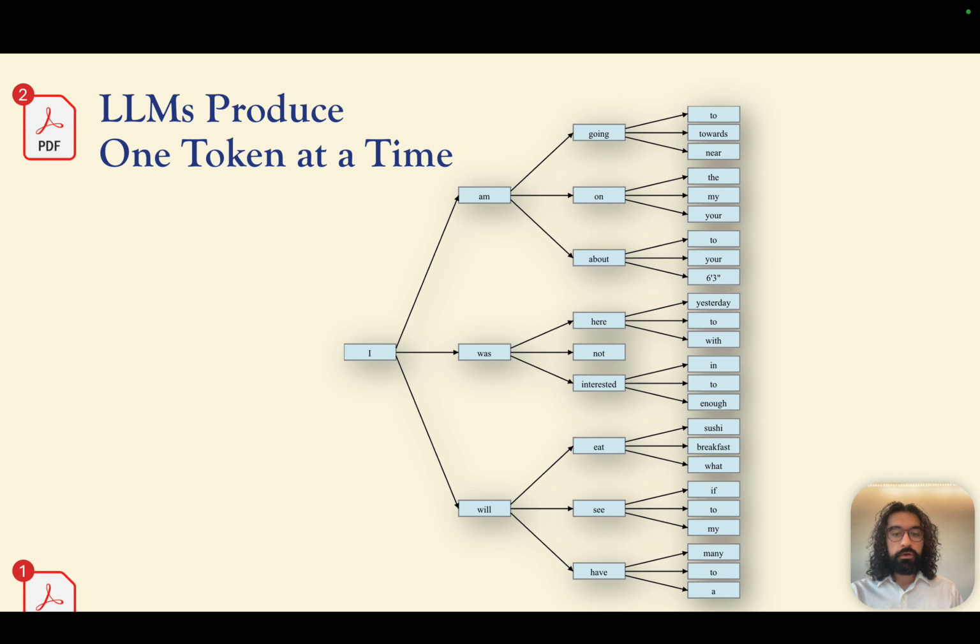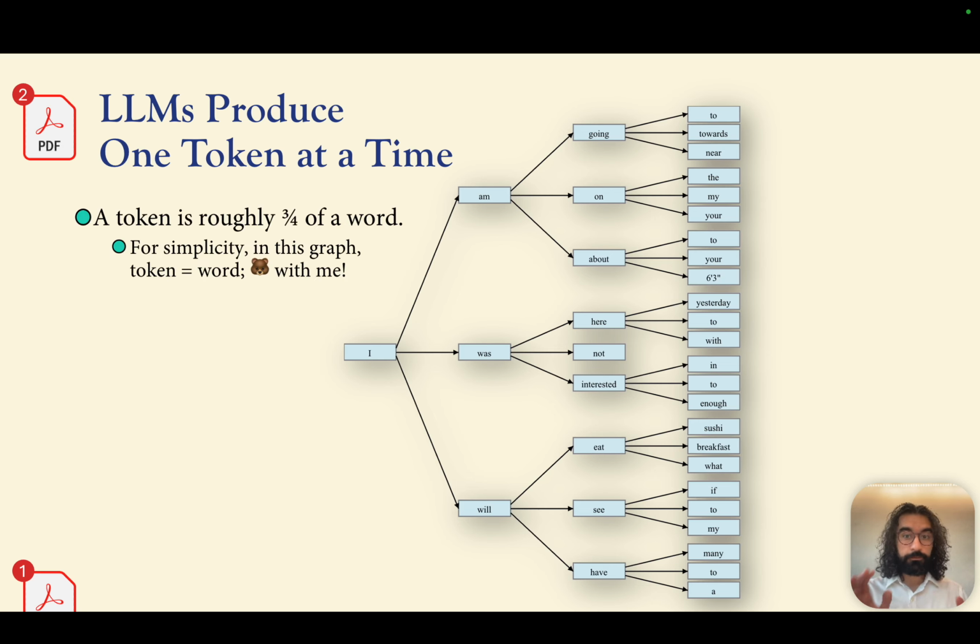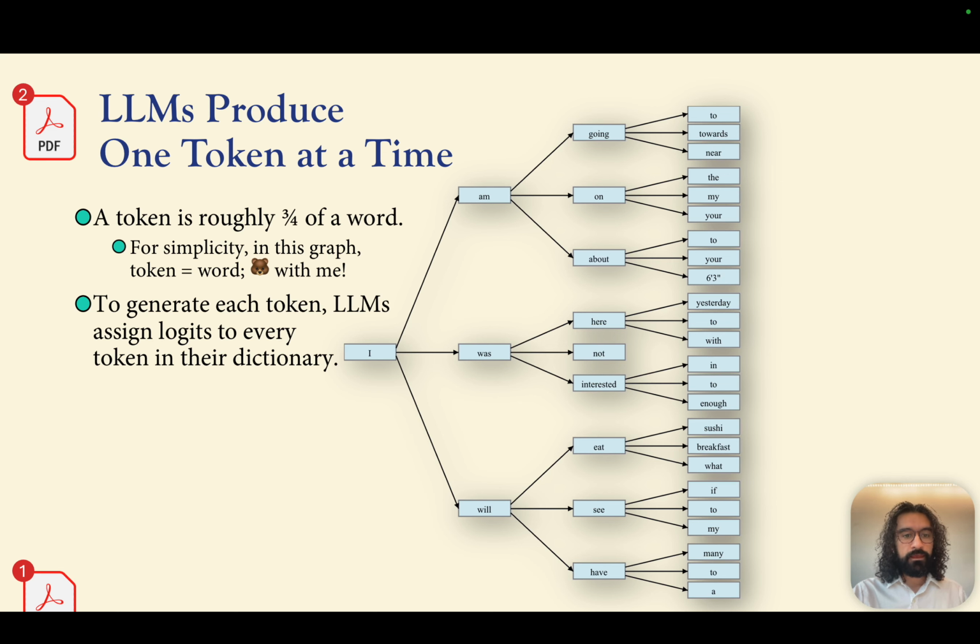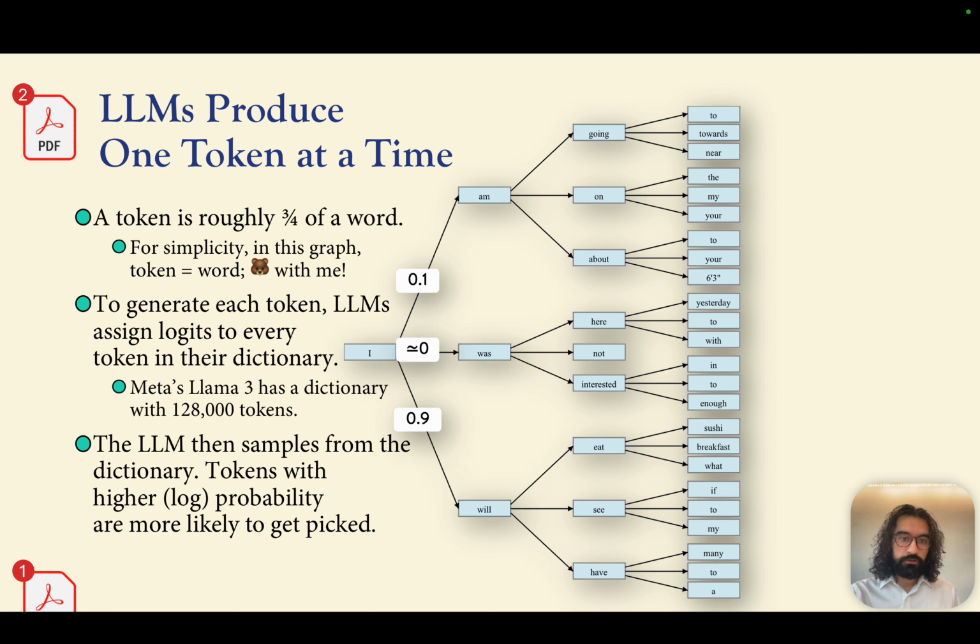But I want to mention at a high level that LLMs produce one token at a time. A token is roughly three-quarters of a word, but bear with me, I'm showing words here, not tokens, for simplicity. LLMs assign logits to every token in their dictionary at every step. It could be 128,000 tokens or 30,000, depending on the model you use. The model assigns probabilities, or logits, to the tokens.